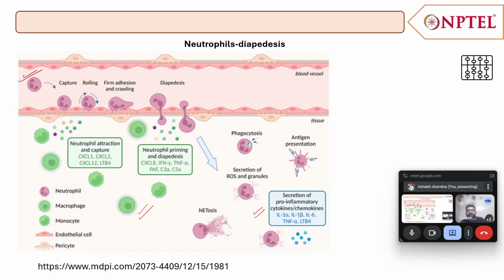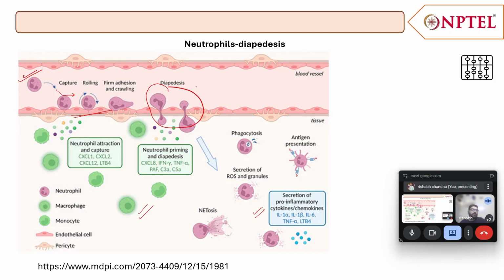This helps the neutrophil go through a process of capture, rolling, and adhesion to the endothelial cell of the blood vessel, then enter the tissue through a process called diapedesis.